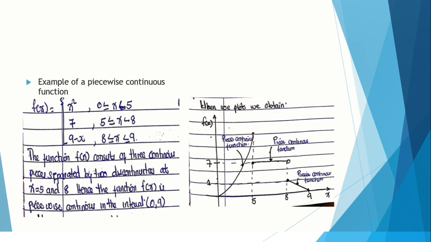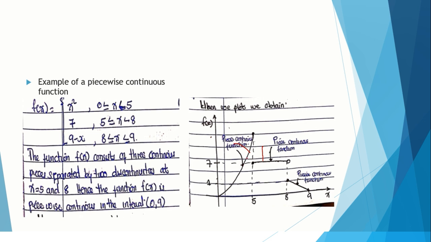Then at 5, it's where the second function starts from, and it's going to jump up to 7 on the vertical axis, and it extends from 5 up to 8. So this jump is the discontinuity.